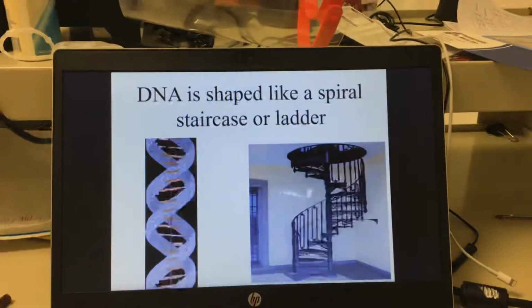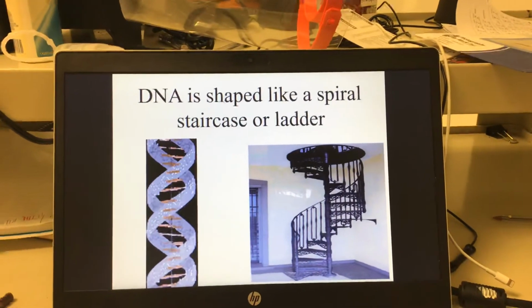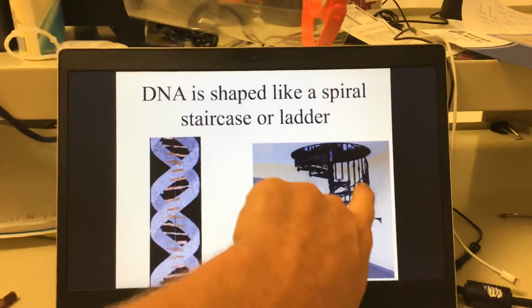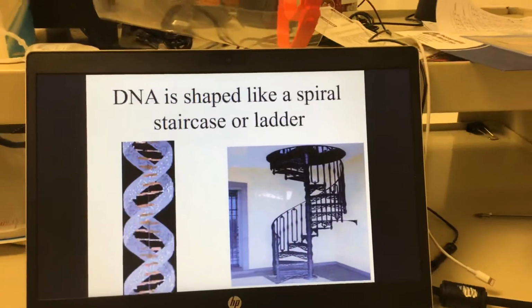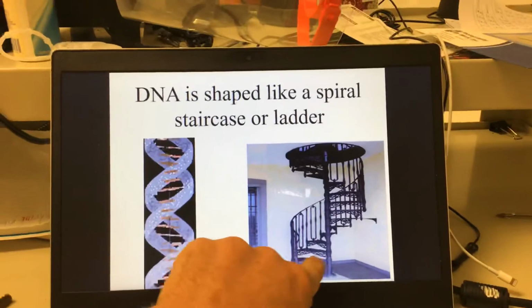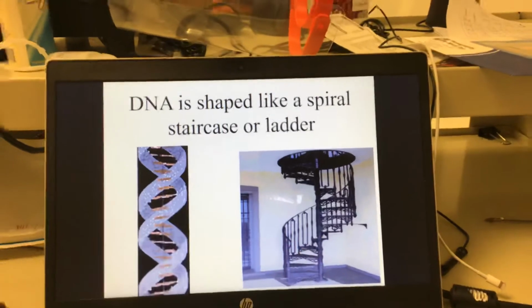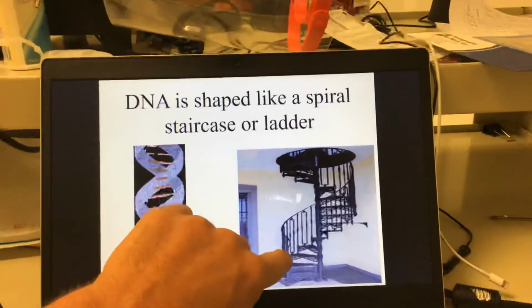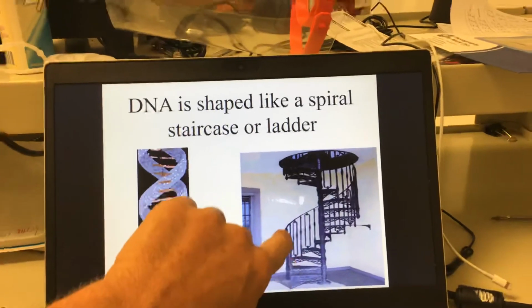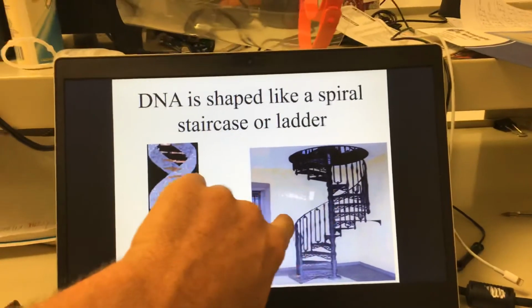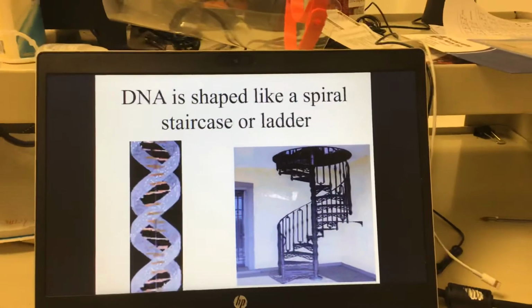So if we look at this ladder here, let's say this is a piece of DNA. The nitrogen bases are the steps. The phosphate would be the sides of the ladder, like the handrails of the ladder.